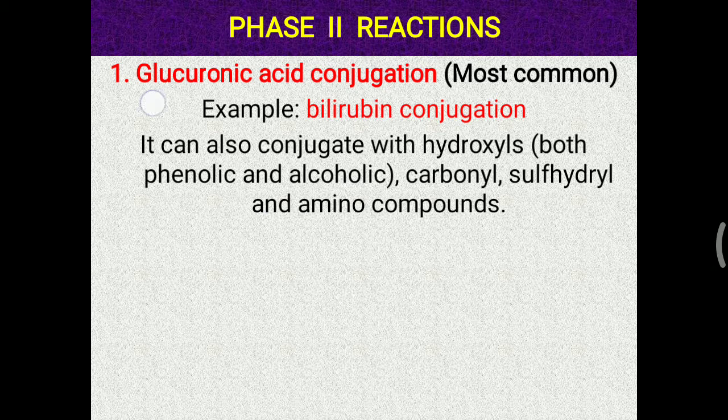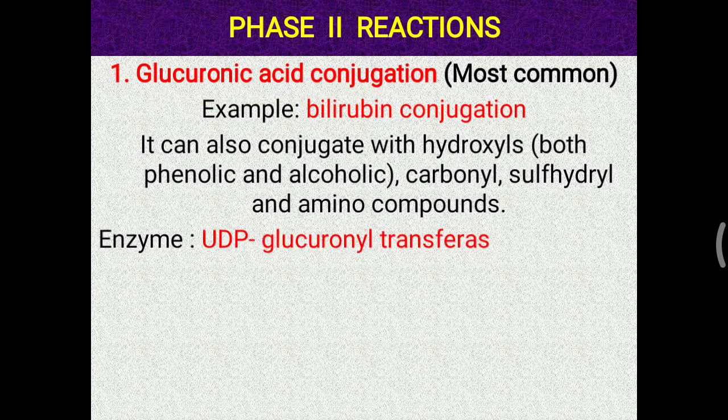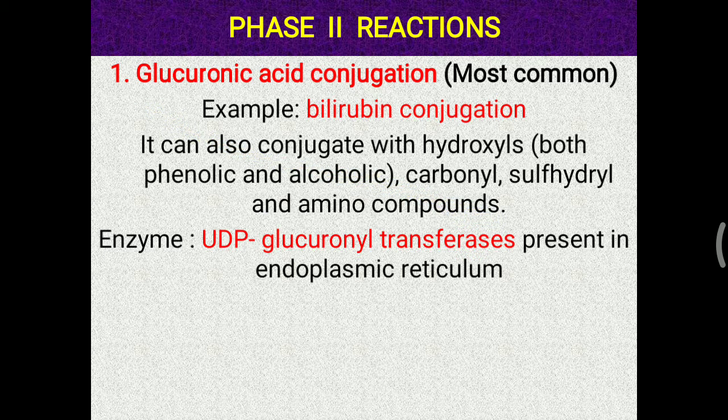The enzyme for this glucuronic acid conjugation of bilirubin is UDP glucuronyl transferase, present in the endoplasmic reticulum. That will transfer glucuronic acid over the bilirubin and make it water soluble, and it is ultimately excreted from the body.